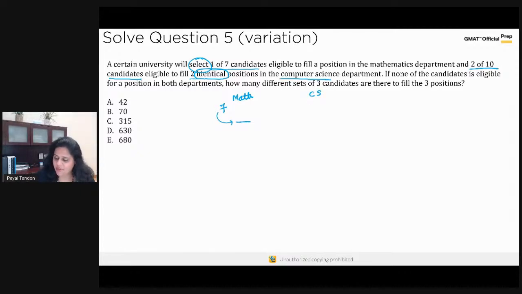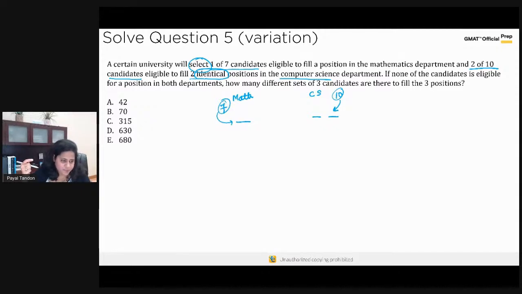So in the computer science department, there are 2 identical positions, 1 and 2, and there are 10 people, and 2 have to be selected over here. Okay. All right. Now, if none of the candidates is eligible for a position in both departments, so basically these 7 can only fill in here, and these 10 can only fill in here. How many different sets of 3 candidates are there to fill the 3 positions?